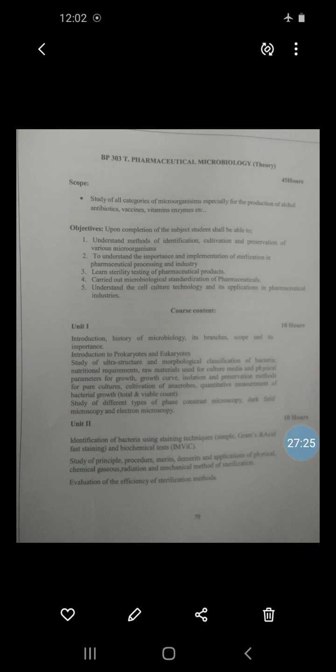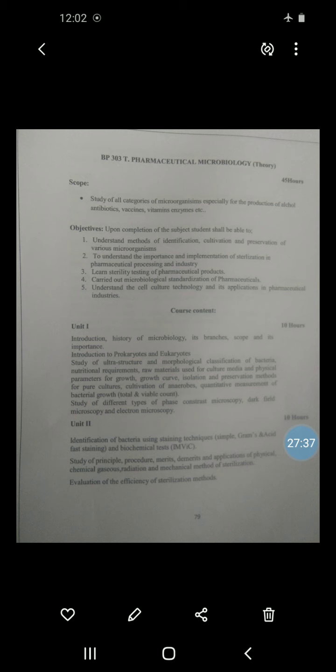Second application: the method cannot be used for sterilization of injections for intrathecal or peridural administration. Keep in mind, this method cannot be used for those injections.